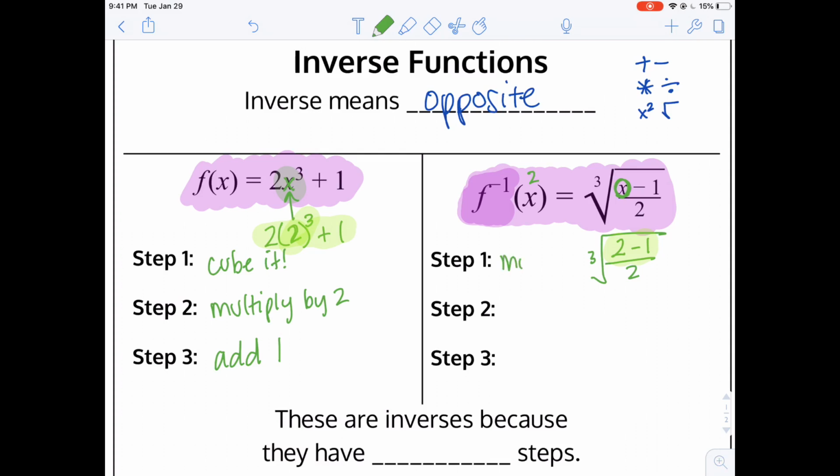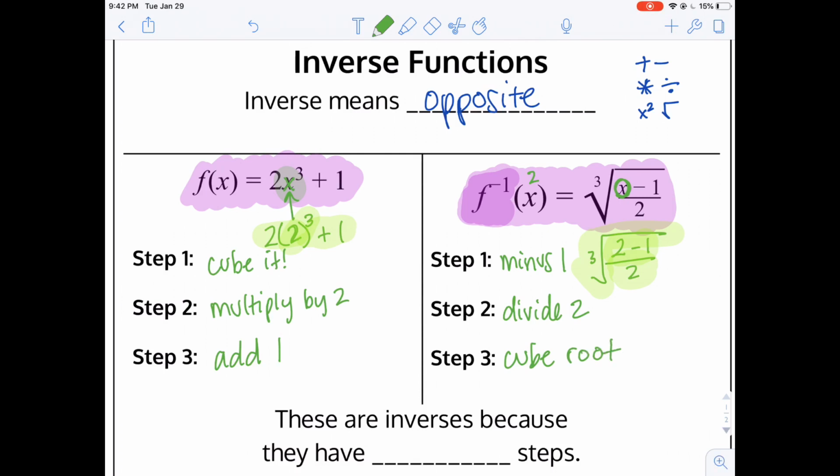Then I would take whatever I got there and divide by 2. Step 2 would be divide by 2. And then my third step would be to cube root it. Whatever I got, I would take the cube root.